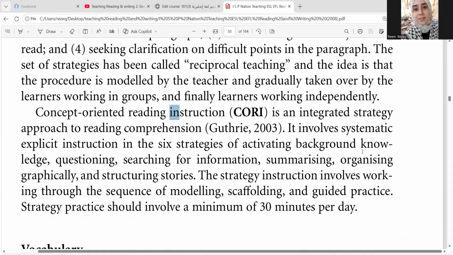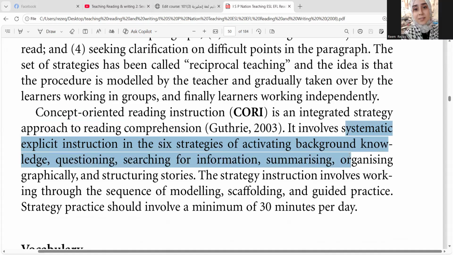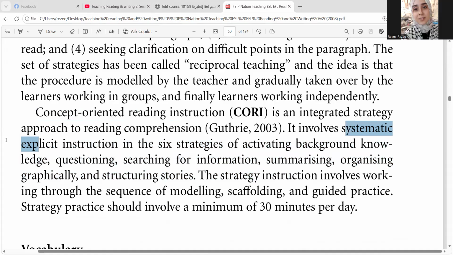It involves systematic explicit, not implicit, meaning explicit, not indirect, and the six strategies of activating background. First we do activating background, then questioning, then searching for the information, summarizing, organization, graphically structured stories.